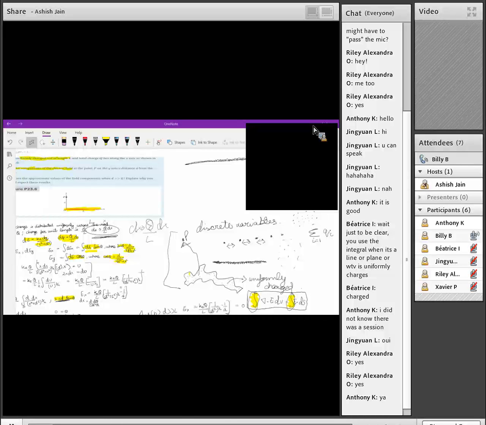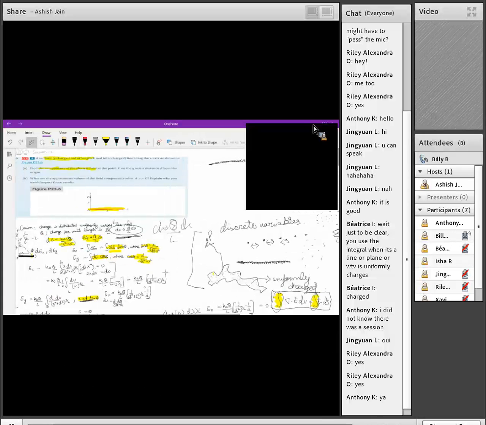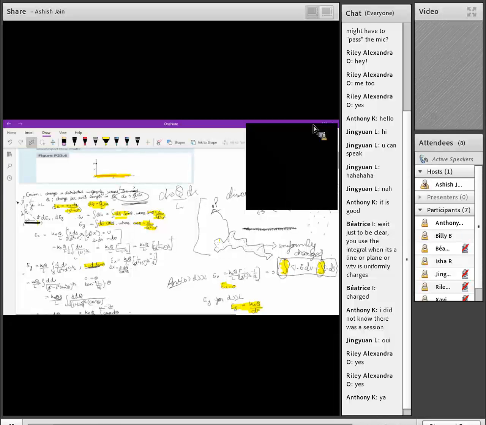The second question I had was I was trying to redo this question, and I wasn't clear on how you solve the integral itself. Okay, which part do you have to point out here? So I think it's where you have Ex and Ey, the components.